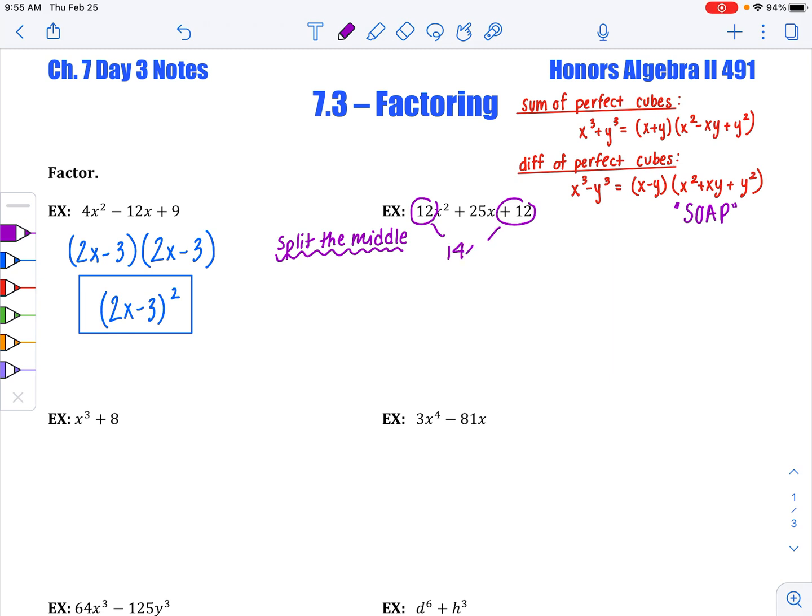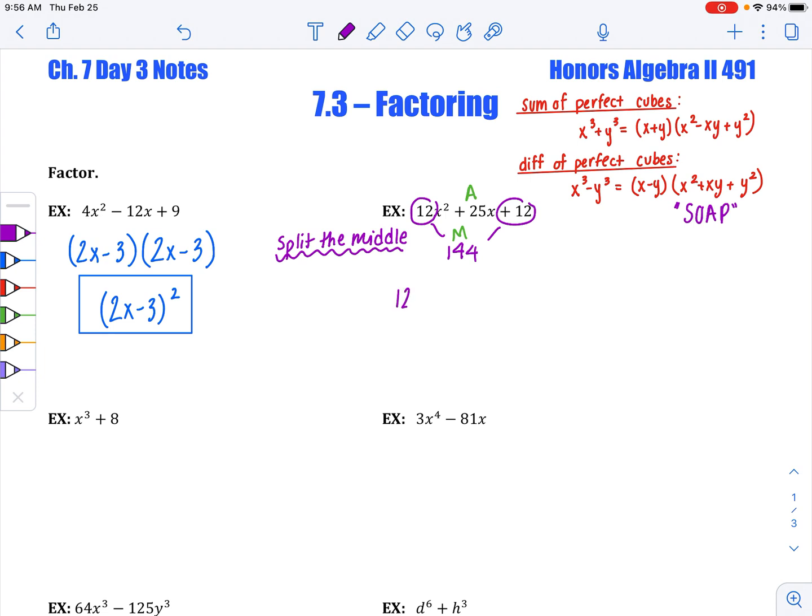You get 144. Now you're looking for terms that add to 25x and multiply to 144x. Okay, long day.